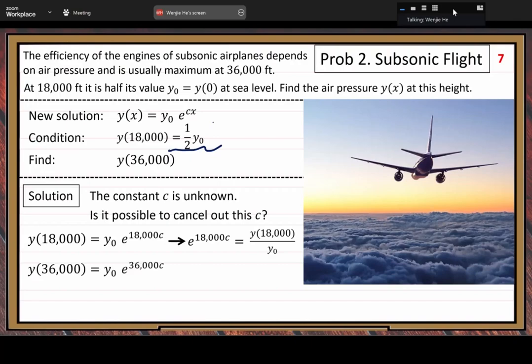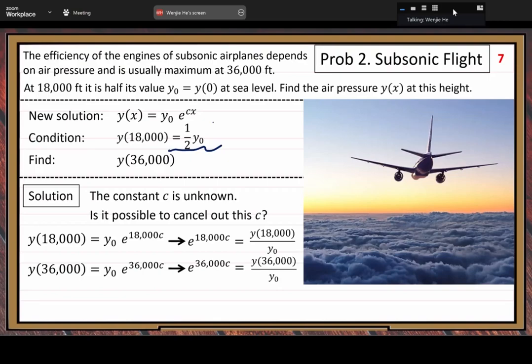Then, for maximum height, plug in the maximum height. Then we have this expression. Let us write a similar equation in this structure for the second equation. That is e to the 36,000 C equals Y of 36,000 over Y0.